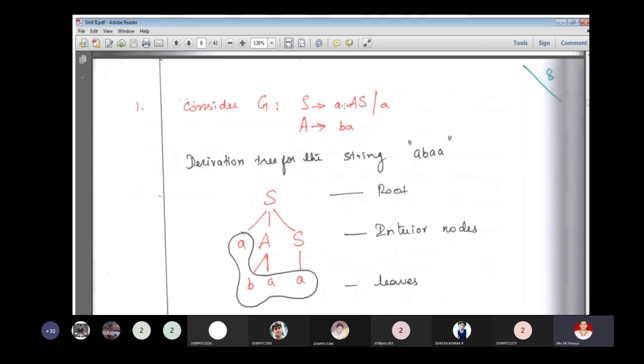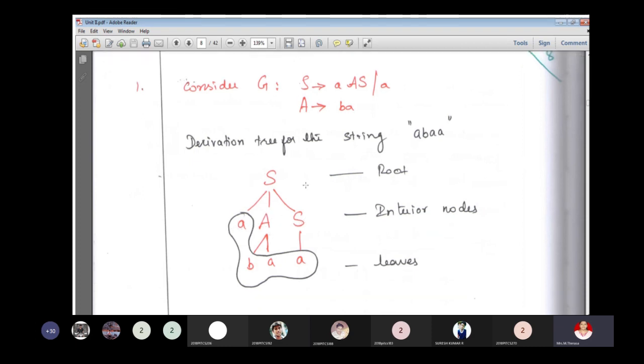So when we take this aAS, this S can have its children like A, a, A, S, and again you can replace this A with ba and this S with a. So this is the parse tree for this grammar to derive the string abaa.